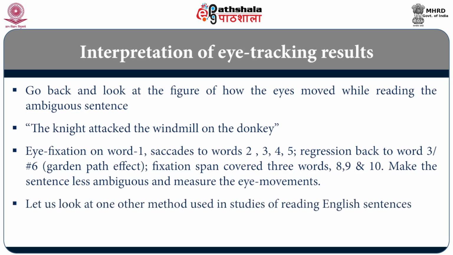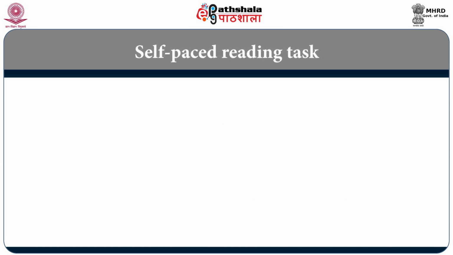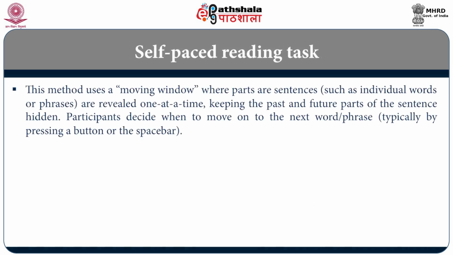Let us look at another method that is used in reading English sentences. This method is called self-paced reading, or sometimes it is also called the moving window method. Here, parts of the sentence are revealed one at a time, keeping the past and future parts of the sentence hidden. Participants decide when to move to the next part of that sentence.